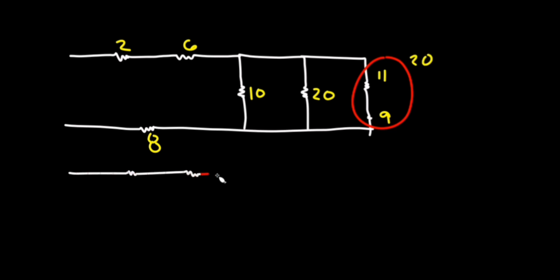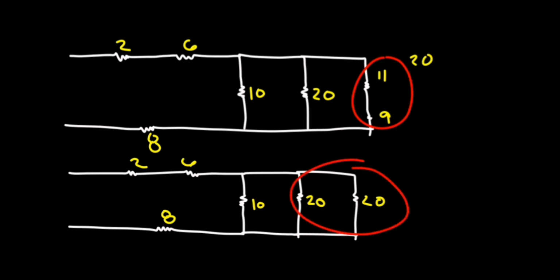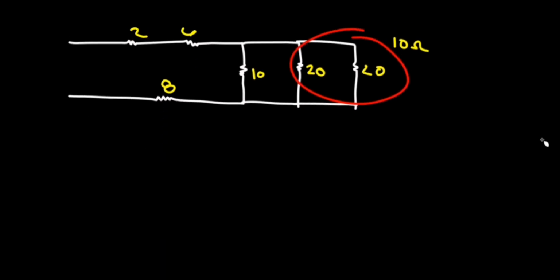Now we will redraw the circuit. Next step is to add this equivalent resistance 20 and this 20 ohms in parallel, which is equal to 10 ohms. It can now be simplified like this.